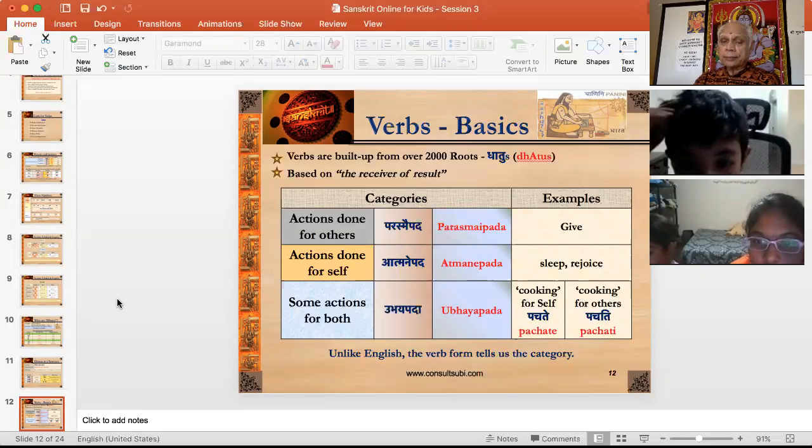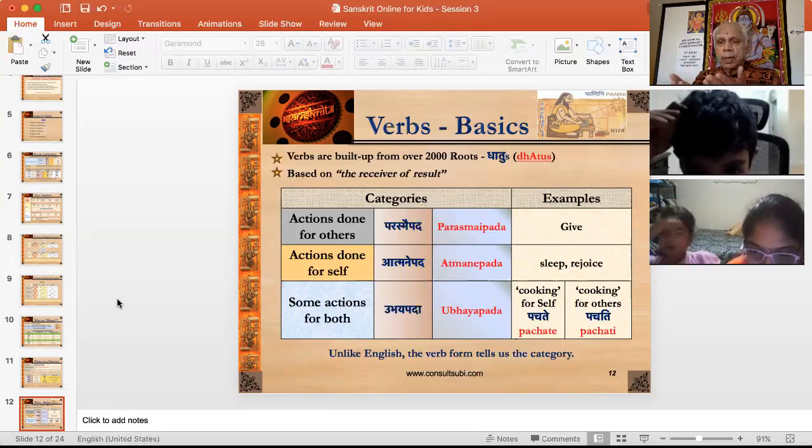Now here, the verb has certain basic categories. One category is called parasmaipada. Para means others. Pada means word. Parasmaipada refers to actions done for others. For example, give, I give you.